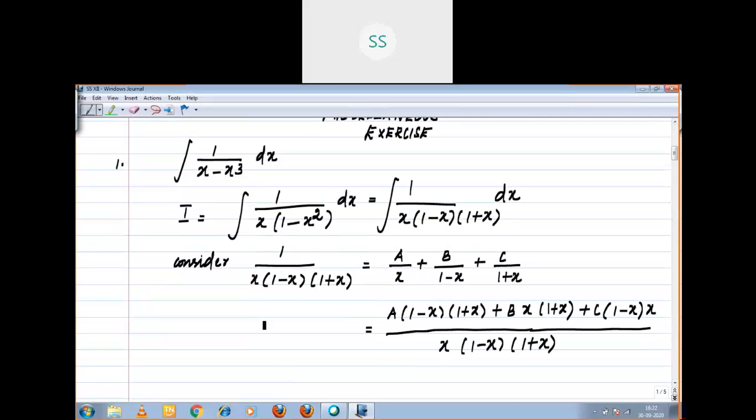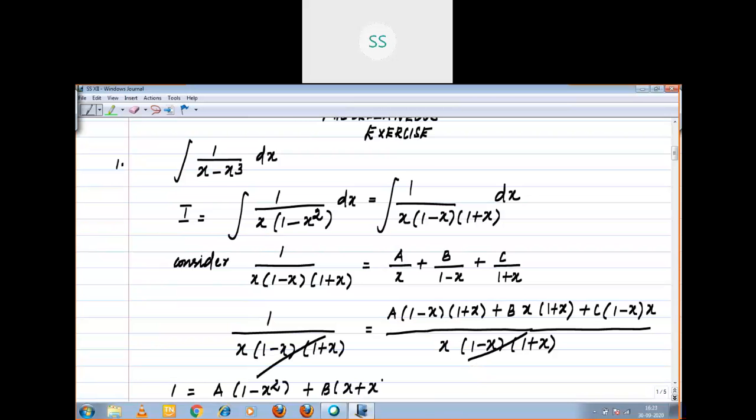Since the denominators on the left and right are the same, you can cancel them. Now, 1 equal to a into 1 minus x square plus b into x plus x square plus c into x minus x square.